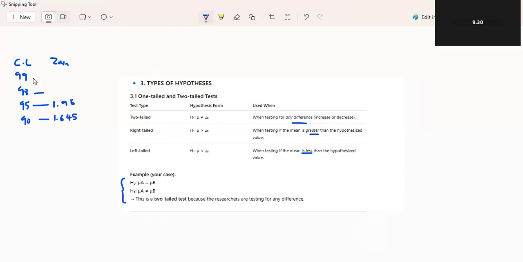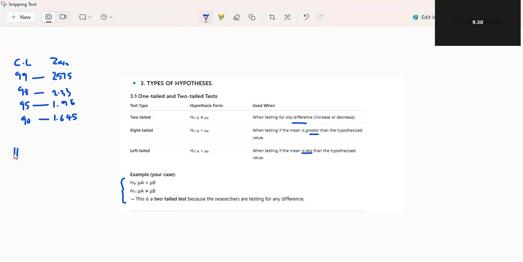For 98, what's our Z value? That's 2.33. Okay. Then what is the Z for 99%? 2.575.